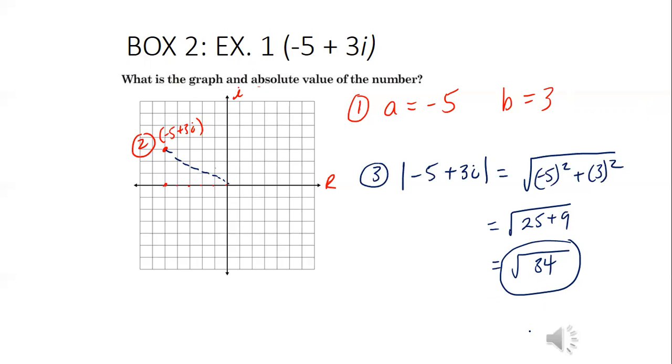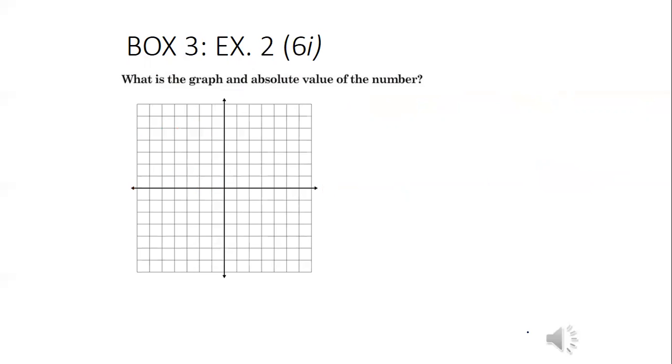How do you feel? Easy enough? Yeah? All right. Let's try another one. So here we have, what is the graph of the absolute value of the number. So again, our a equals 0 and our b equals 6. So the real, the imaginary, and therefore it's just on the vertical axis.